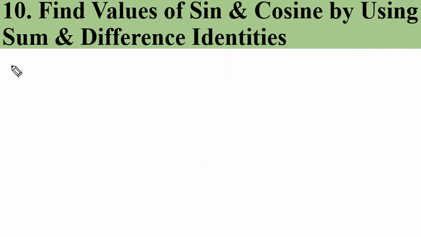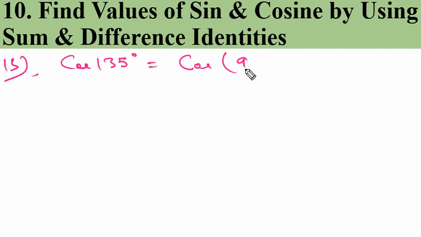Now next question, we have question number 13, cos 135 degrees. Now how will I break it down? I will break it down as cos 90 plus 45. Now what is the trigonometric identity for this?